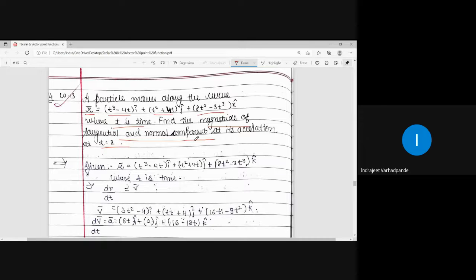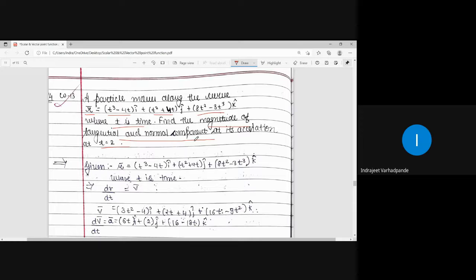So from the given position vector, I find the derivative of r bar, which will be velocity. Differentiating it again will give you the acceleration, that is a bar. Tangential component is given by at and normal component is given by an. So whatever are the requisite quantities, we will be simplifying and getting the answer.